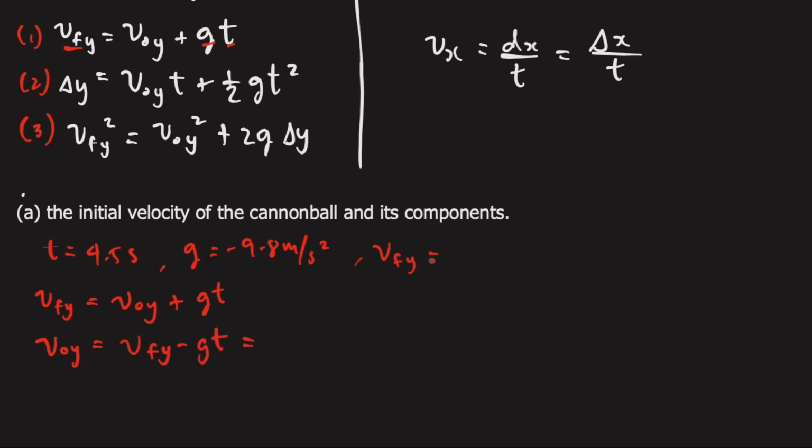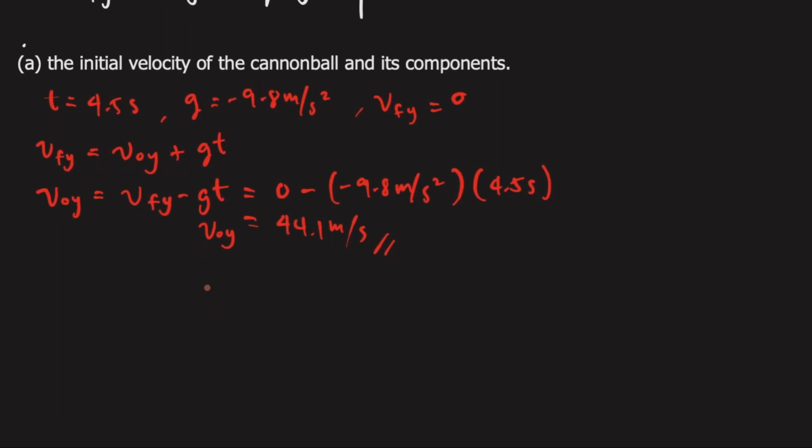Substitute the values, so again this is 0, so 0 minus g, which is negative 9.8 meters per second square times time, which is 4.5 seconds. Okay, so that would be equal to 44.1 meters per second. So note that this is v naught y. Now for us to get the initial velocity, so this is just the v naught y.